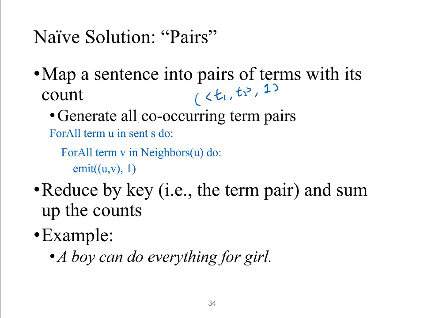Then you will generate all co-occurring term pairs. Now, if we look at the pseudocode, it would be: for all term U in sentence S or in document, it doesn't matter too much, you do the following: for all term V in the neighbors of U, you emit (U, V) and 1 as the output for the map.